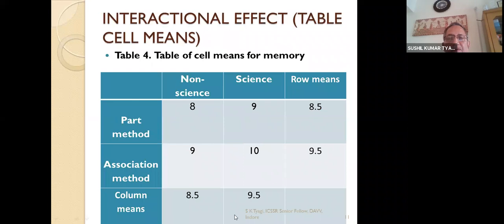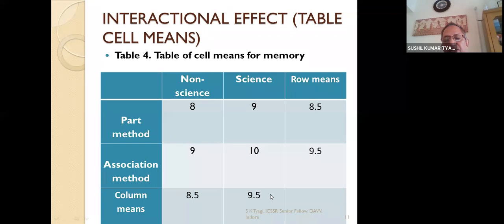The table of cell means for memory looks like this. Non-science 8, science 9, row mean 8.5. Association method 9, 10, 9.5. Column means 8.5, 9.5.